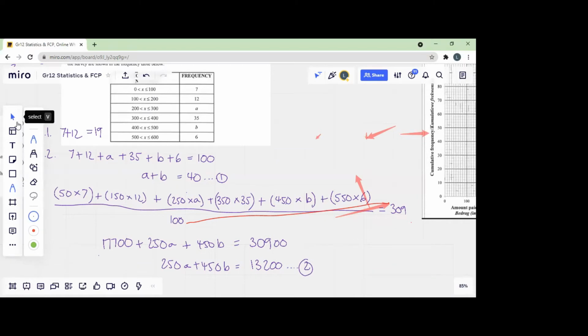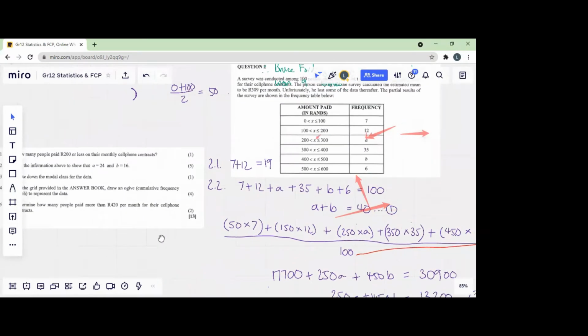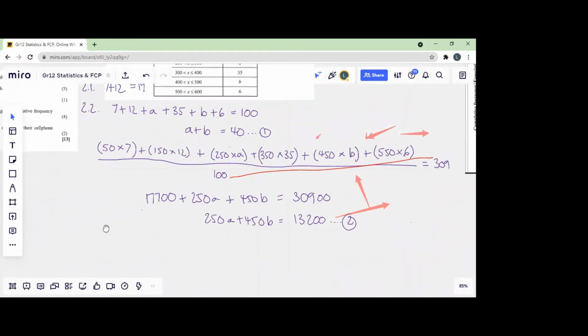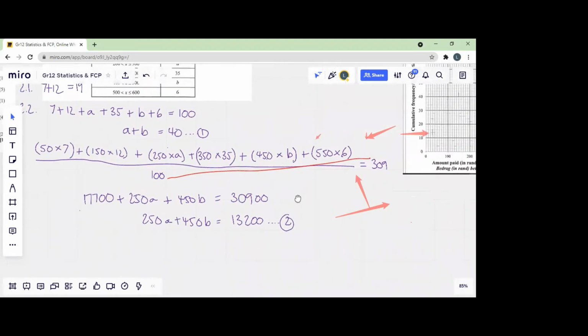Yeah, Benedict, I don't think we were supposed to get that. It says here, show that A is 24 and B is 16. Okay, well, let's see if we can figure out where we've gone wrong.